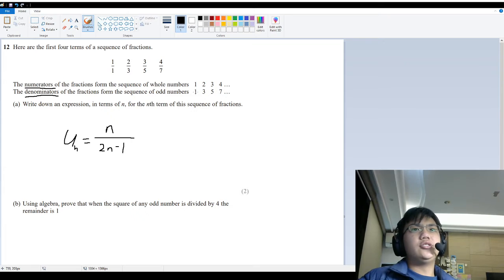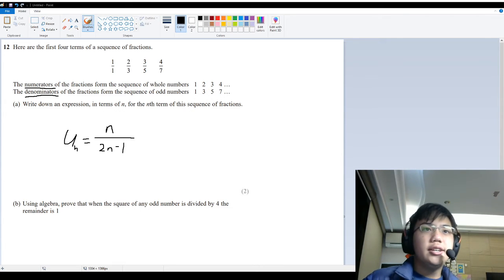For example, 1 is 2 minus 1, with n being 1 as the first number in the sequence. For n equals 2, the denominator is 3, which is 2 times 2 minus 1. And the denominator for term 3 is 5, so 2 times 3 minus 1 equals 5.